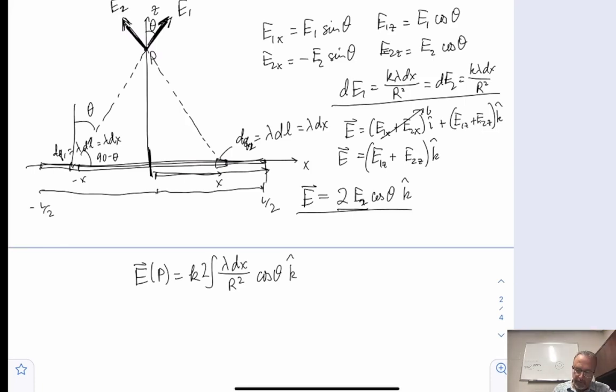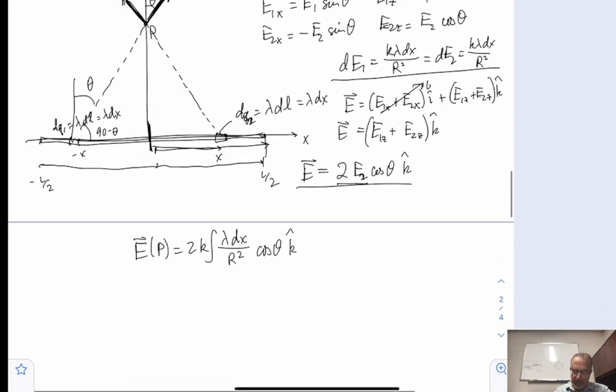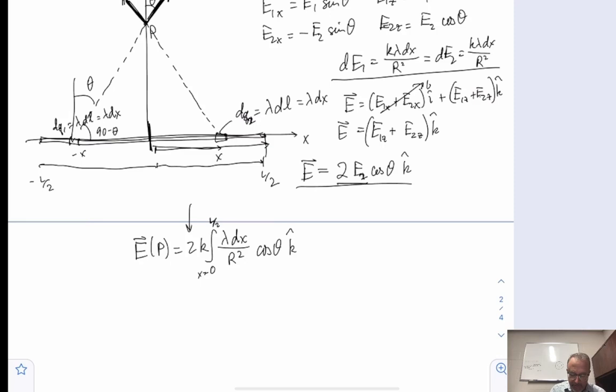So I'll put the 2 out here, 2 times k. The integral that I'm doing is from x equals 0 to x equals L over 2. I only have to do that once because this accounts for the negative side of the integral as well as the positive side.